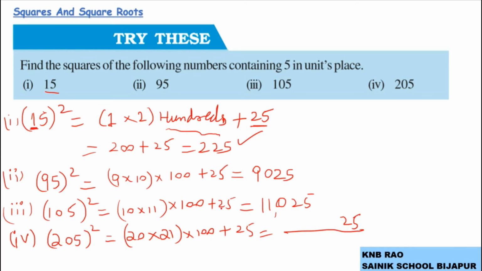So 20 21s are 420, and 420 multiplied by 100 gives 42,000, plus 25 gives 42,025. So this is how we find square of any number ending in 5. I hope you got clarity of this.